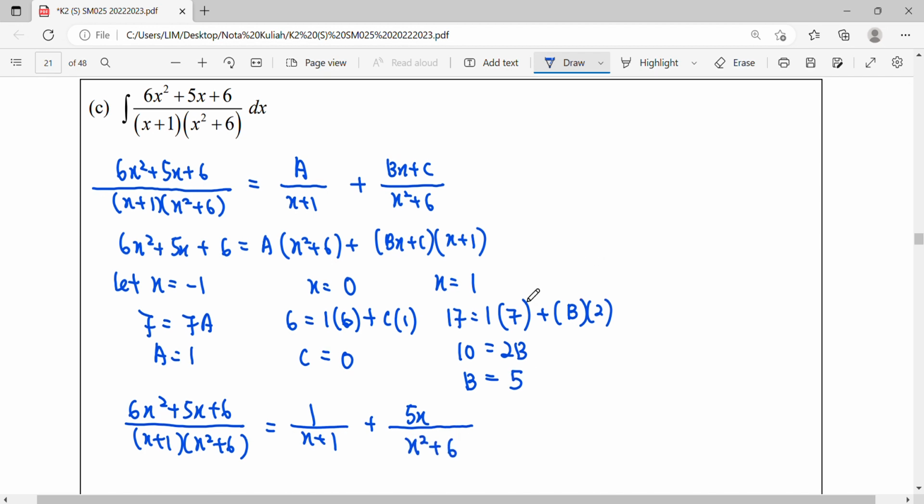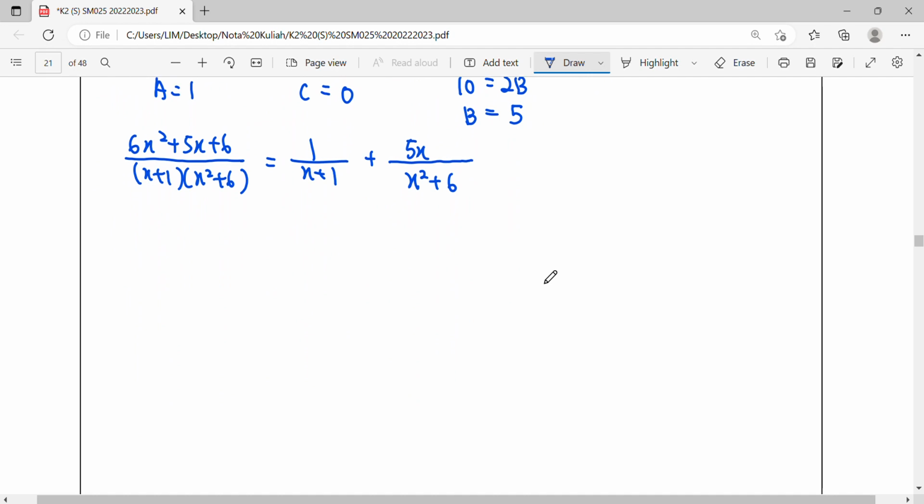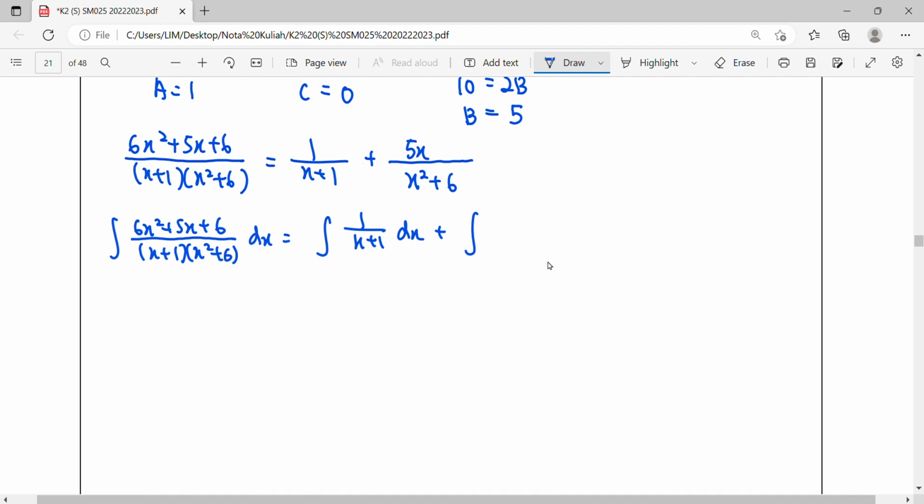Then we're going to integrate these partial fractions separately. For this one, fraction form, we can use our formula number 6.